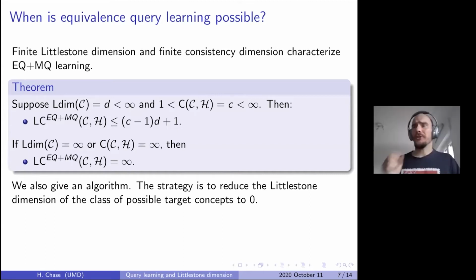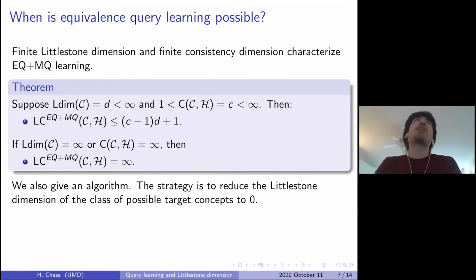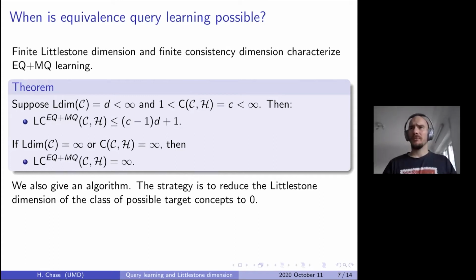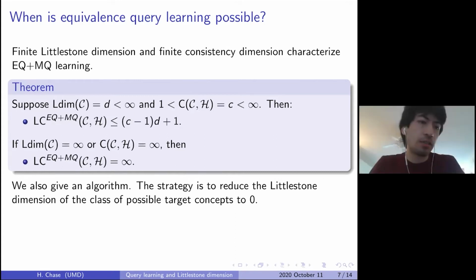Hunter, sorry, can you give an example where the Littlestone dimension is infinite while the consistency dimension is finite? Sure. Take the collection of thresholds, so just one-sided intervals on, say, the real line.